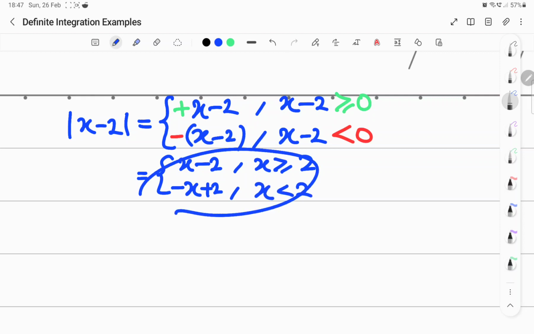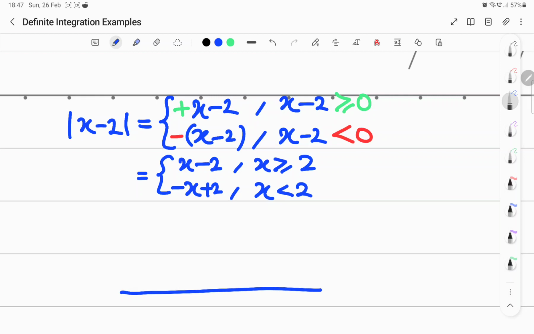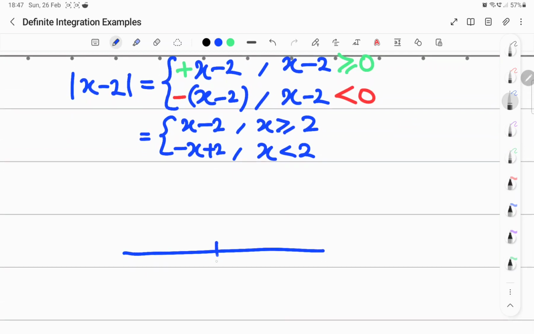Why bother? Because depending on the interval, the function that we have to take is different. So that's why we have to define the modulus correctly.